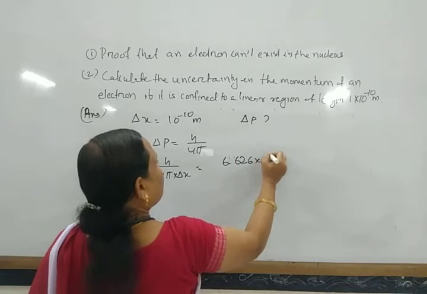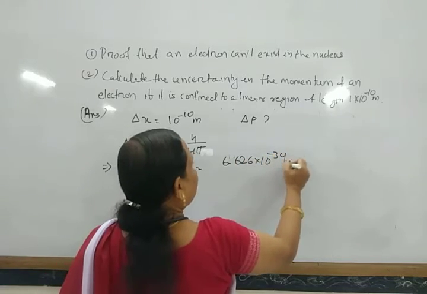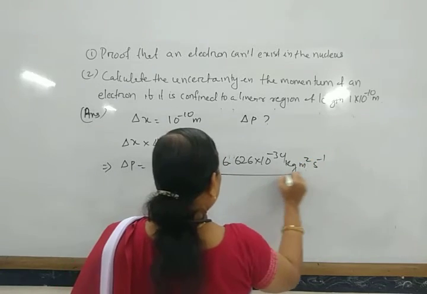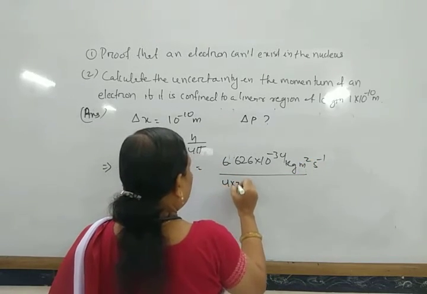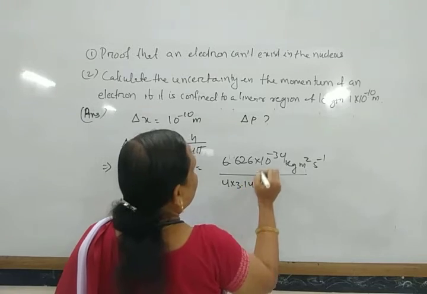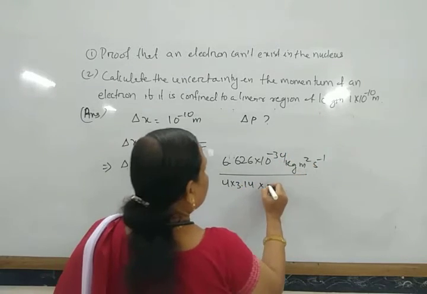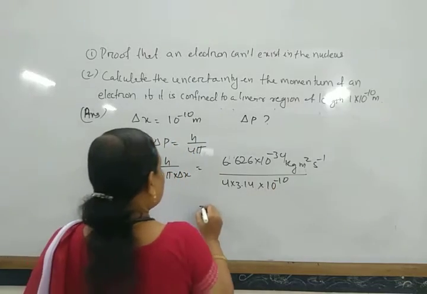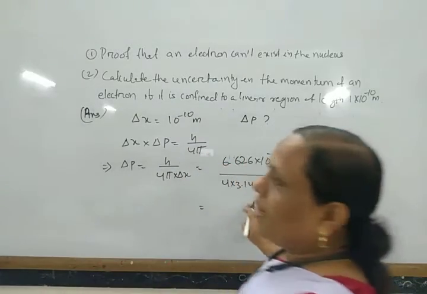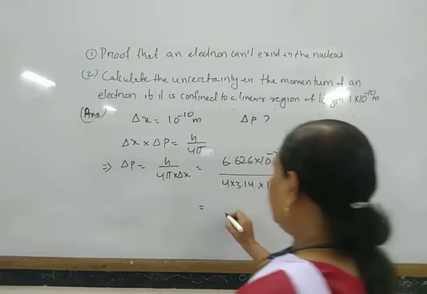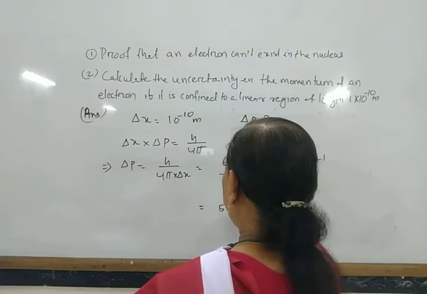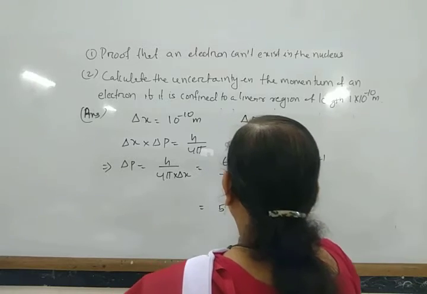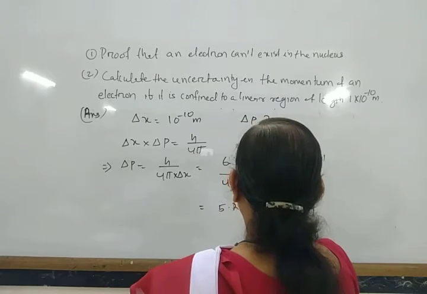6.626 into 10 to the power minus 34 kg meter square second inverse by 4 into 3.14 and 10 to the power minus 10. So calculate this value and you will find 5.27 into 10 to the power minus 25.